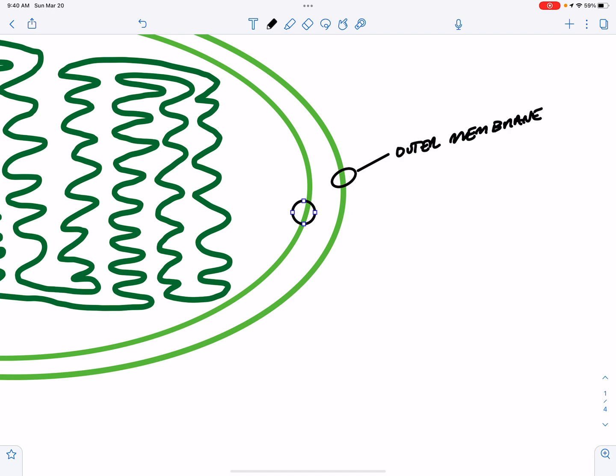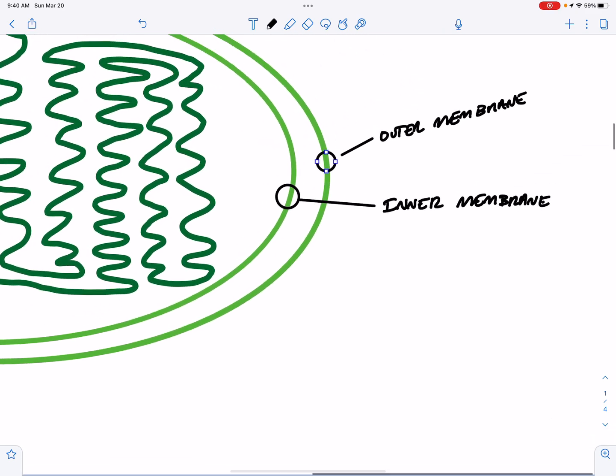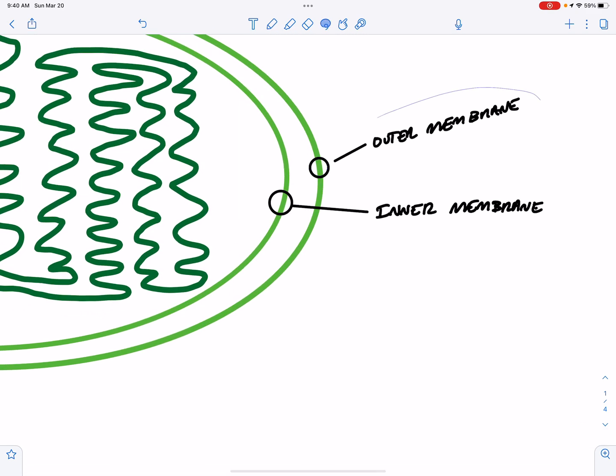And this membrane here is called the inner membrane. It is interior to the outer membrane, but it's actually not the innermost membrane of the chloroplast, so maybe that name is a little confusing.